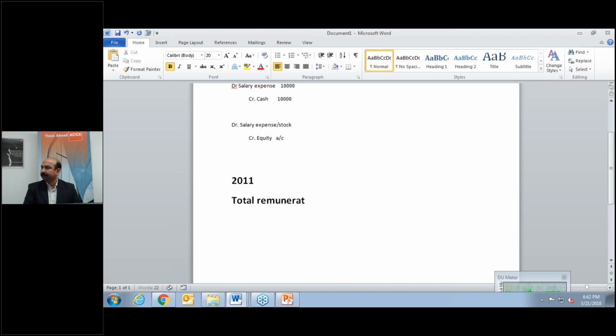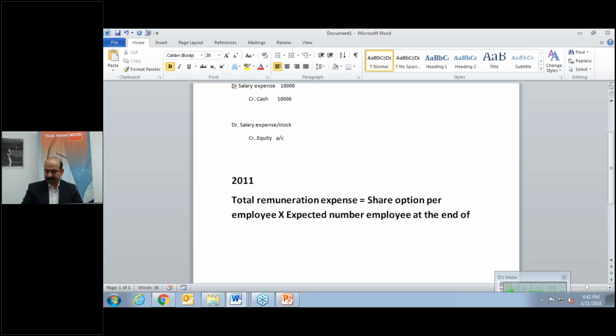Total remuneration expense will be share option per employee into expected number of employees at the end of third year into fair value of the share option at grant.